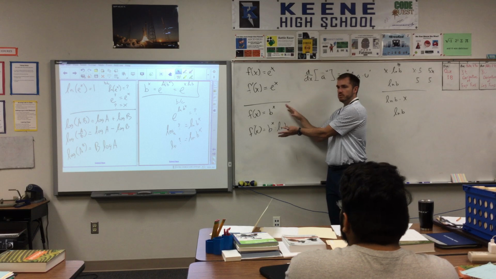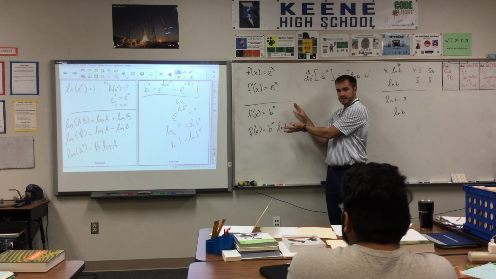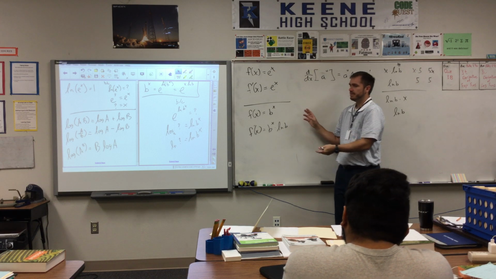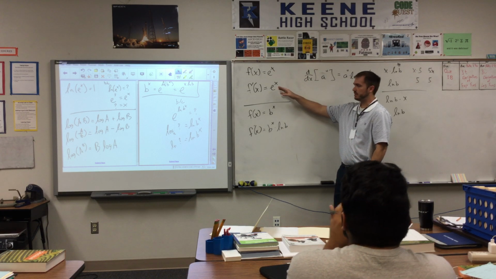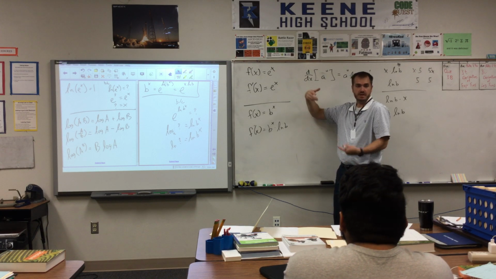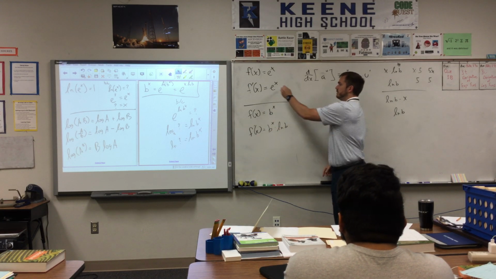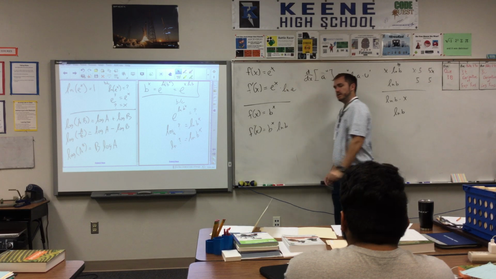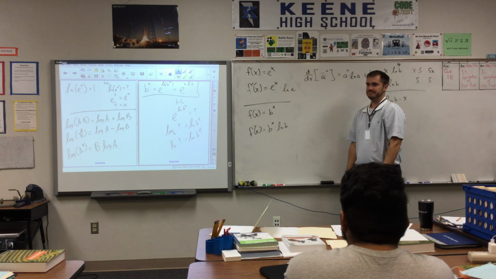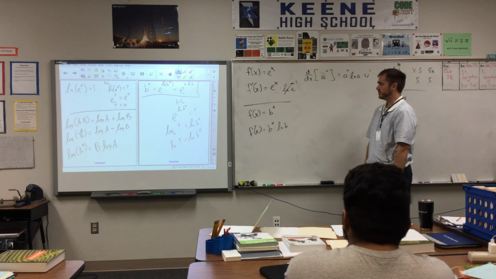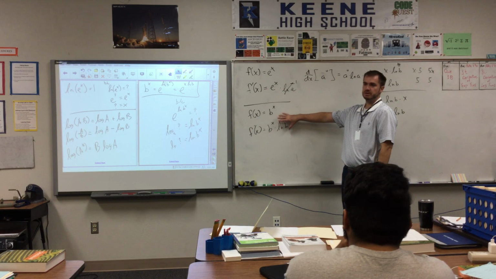Actually, this is the more generic example, because we could apply it up here, right? Because e is a number, a constant, just like any of these. And you're like, well then why didn't we put ln e right here? Because ln e is 1. So this actually is the more generic version.